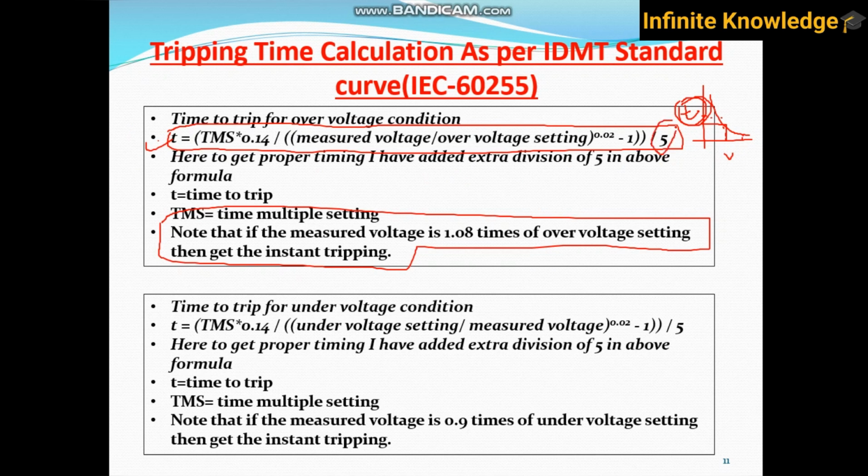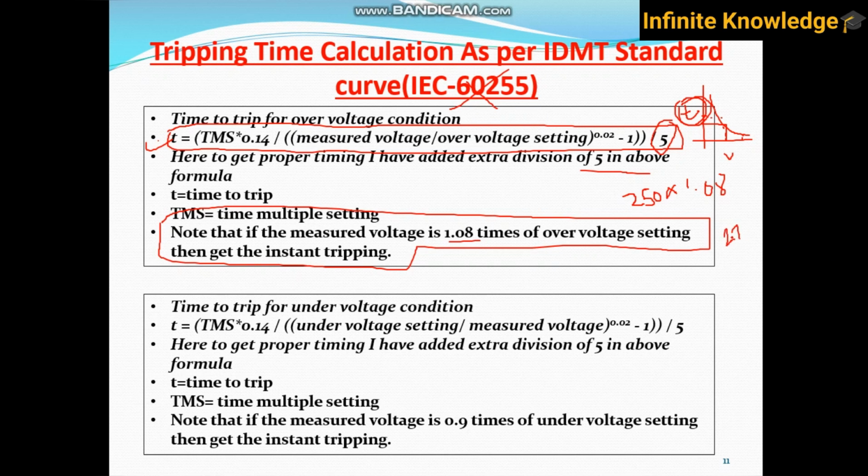And this 5 is more that I have added to get proper timing, because there is no standard for voltage protection. The standard formula is used only for current protection, but I have developed it for voltage protection, and it is very satisfactory work. Note that if the measured value is 1.08 times the over voltage setting, so if I add 250 as the over voltage, then 250 into 1.08, let me check, if I multiply 250 with 1.08, it's 270.